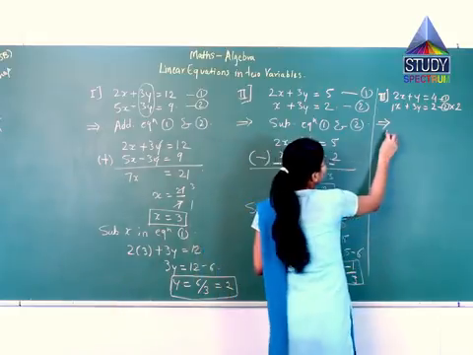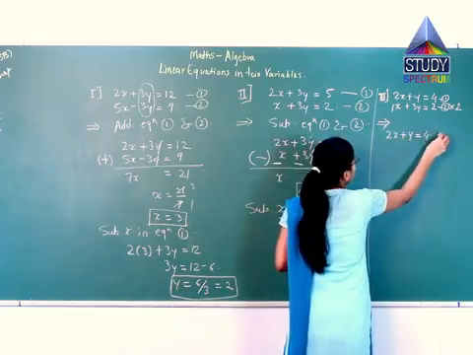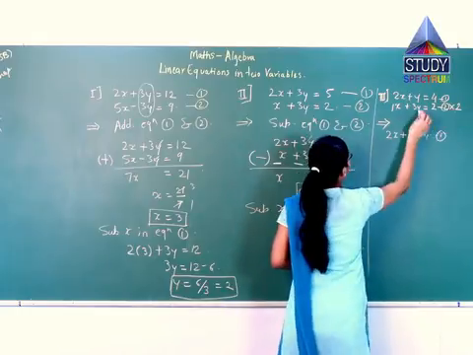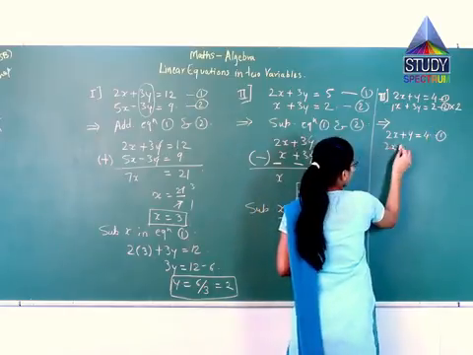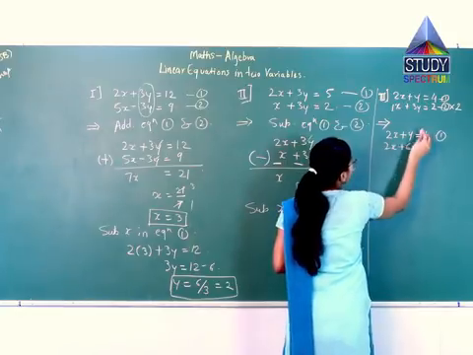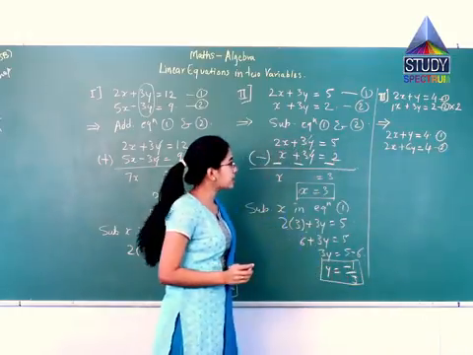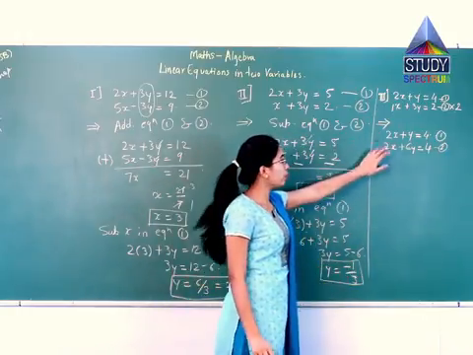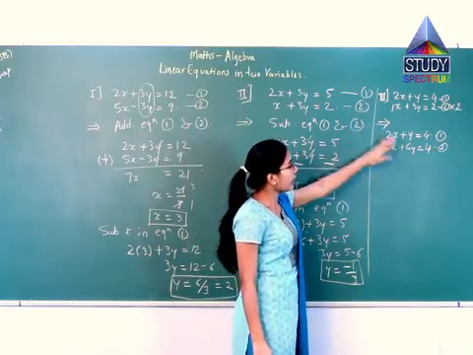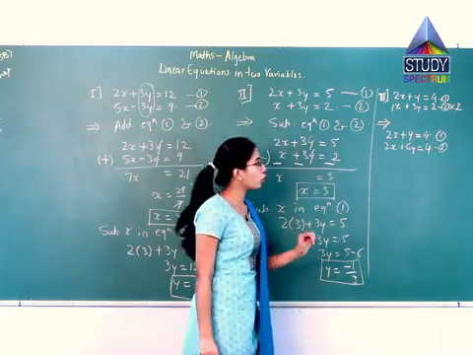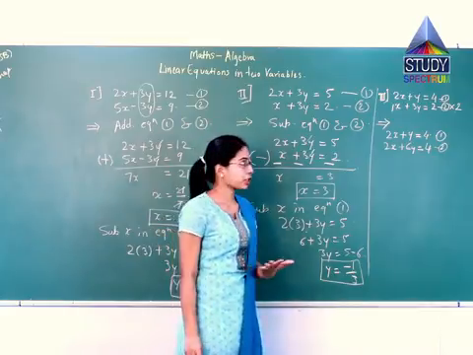So I will rewrite equation number 1, 2x plus y is equal to 4, and after multiplying, equation number 2 will become 2 1s are 2, so 2x, then 3 2s are 6, so 6y, and 2 2s are 4. So this is my new equation number 2. Now you can see in both the equations, the coefficient of x is equal and has a similar sign. That means in order to cancel x, we must perform subtraction here.